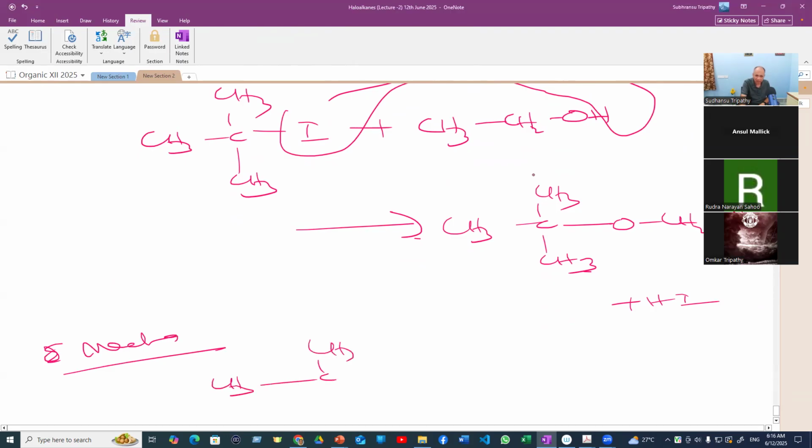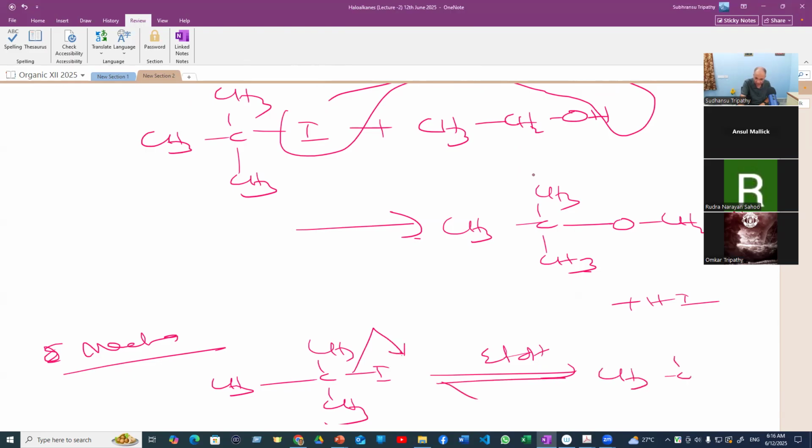First step, because alcohol is polar, not as much, but highly polar, this polarity will facilitate the heterolytic cleavage. This is also a pseudo first order reaction.